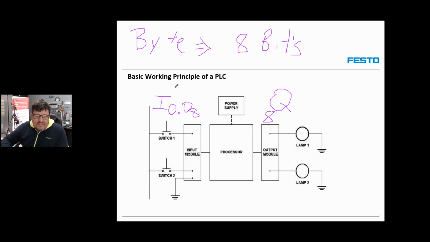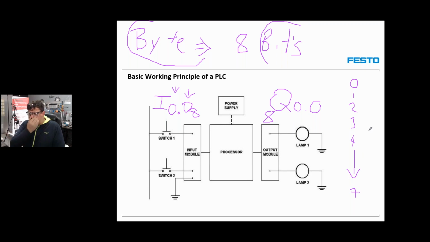Sorry guys, this is what we refer to as the byte address, and this will be my bit address. So I will have my byte address, and I will also have my bit address. The same goes for the outputs. We will have output byte 0, point bit 0. We can start off with 0, 1, 2, 3, 4, and we end up with 7. The last one is 7. That is your 8 inputs or 8 outputs.